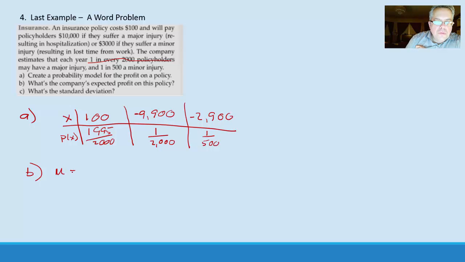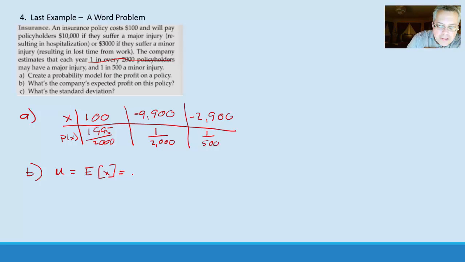So mu, which is the expected value of x, equals. Give me a second, I'm going to put it in my calculator. So in L1, I'm putting 100, negative 9,900, then negative 2,900.